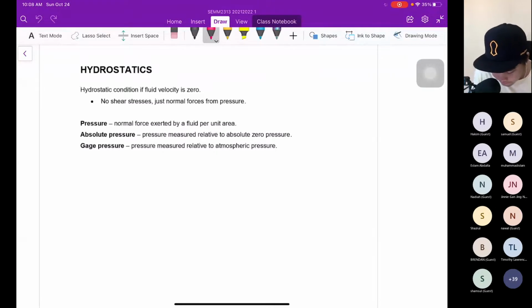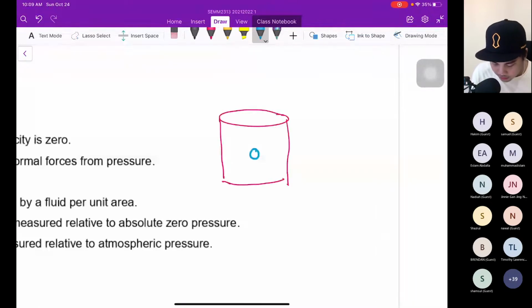For example, we have water in the beaker, in the bottle, and then we have the particle. This is the water or liquid particle.